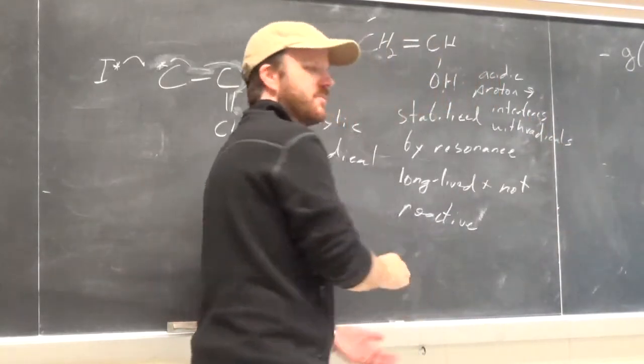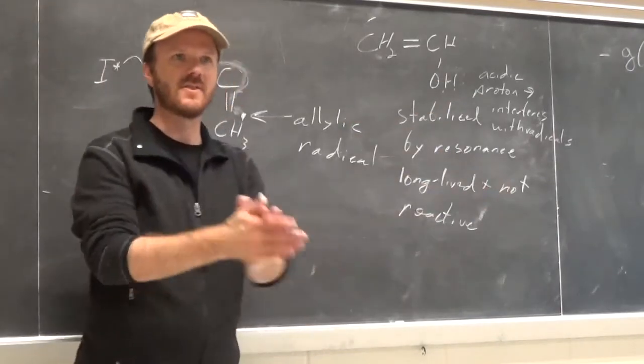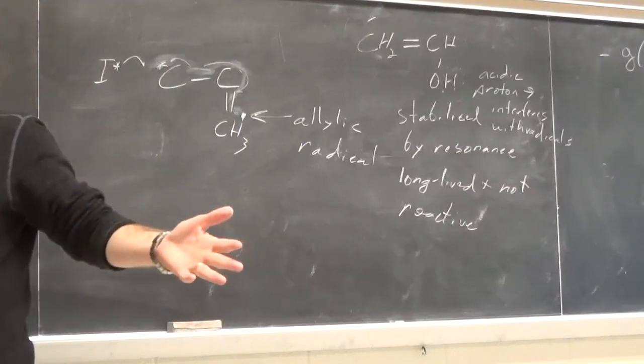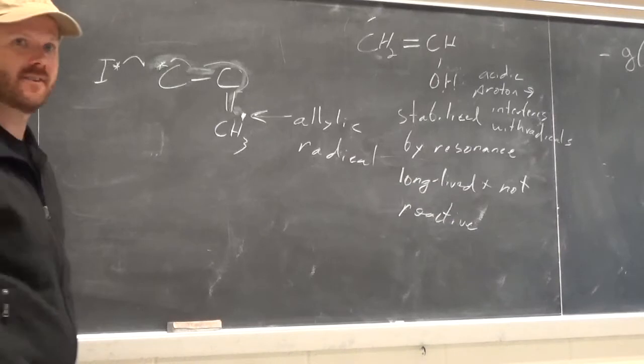So that's something else to remember. When you see things with alcohols on them or see things with acidic protons, that's probably not a good thing for your free radical polymerization. Just something to remember. Water is bad for free radical polymerization because water will scavenge radicals.